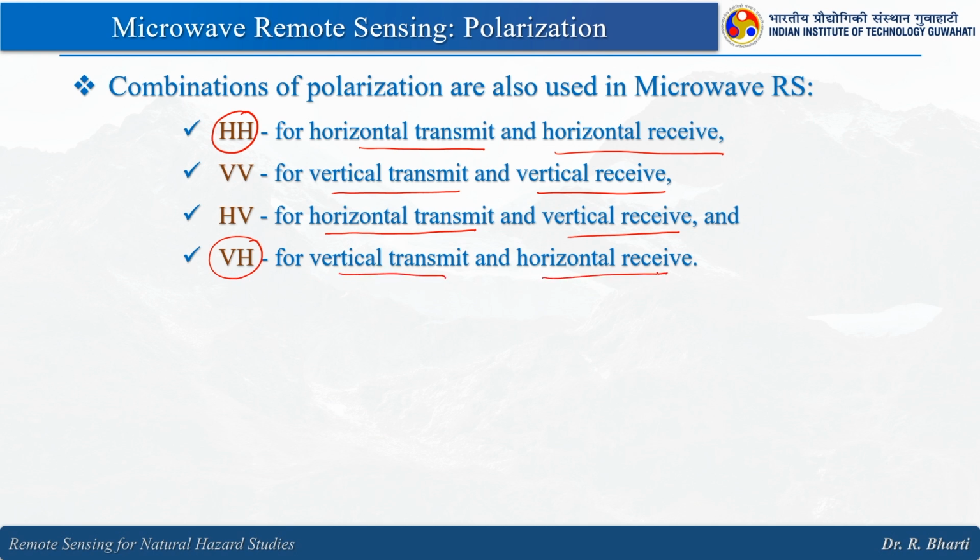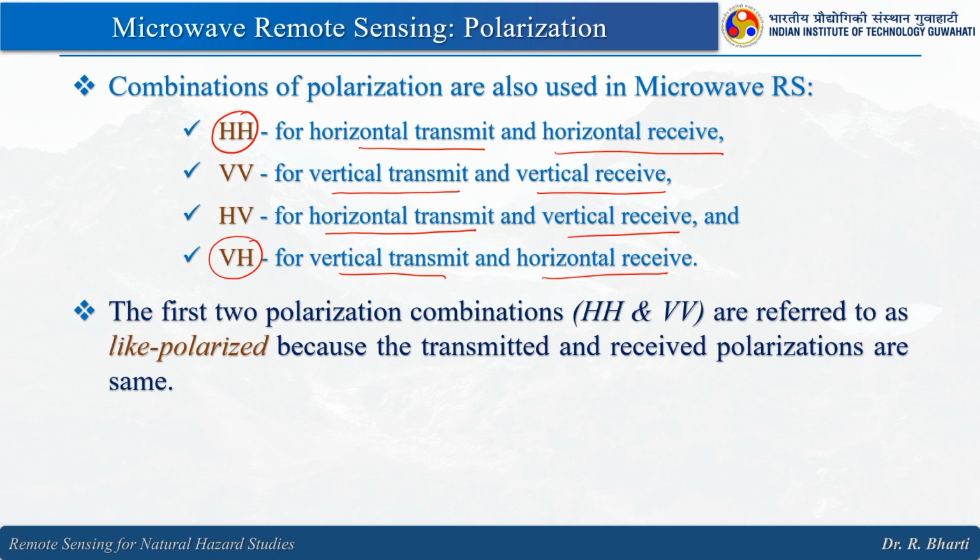You will see these details in the subsequent figures, and you will be able to understand what I mean by HH, VV, HV and VH. Here you divide these words: the first letter defines the transmitter, and the right-hand side is the receiver.